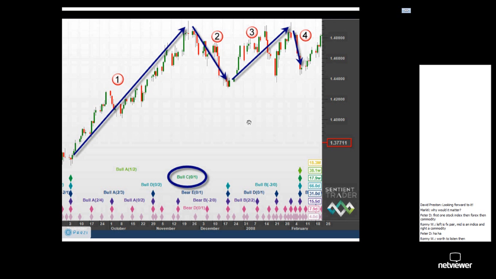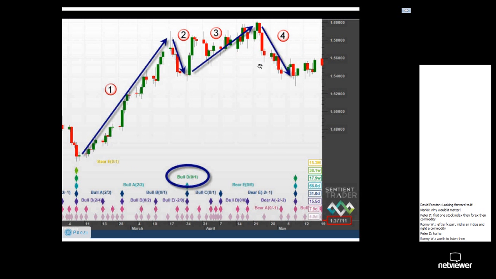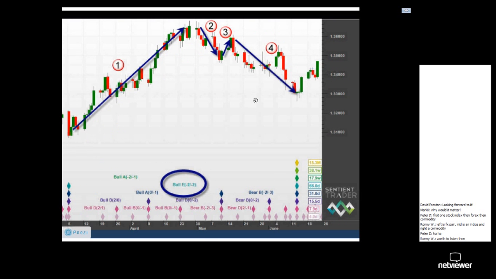This is a bull C shape. Notice that the second peak after leg 3 does not come above the peak of leg 1. That's what makes it a bull C. Notice also that this looks very much like a triangle in classical technical analysis. So a triangle is in fact a bull C shape. Here is a bull D shape.